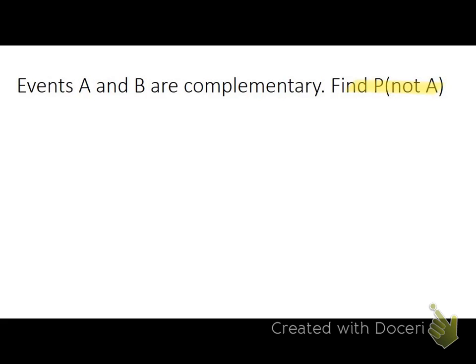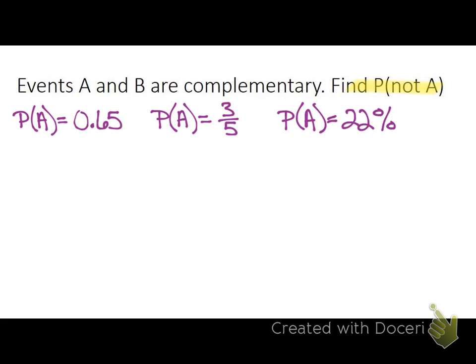If I tell you there's a 40% chance of rain, what chance is there that it will not rain? 60. So if I tell you the probability of A is 0.65, you say probability of not A equals, and then show me the work, and then show me the answer. So go ahead and find your complementary events for each one of these scenarios.